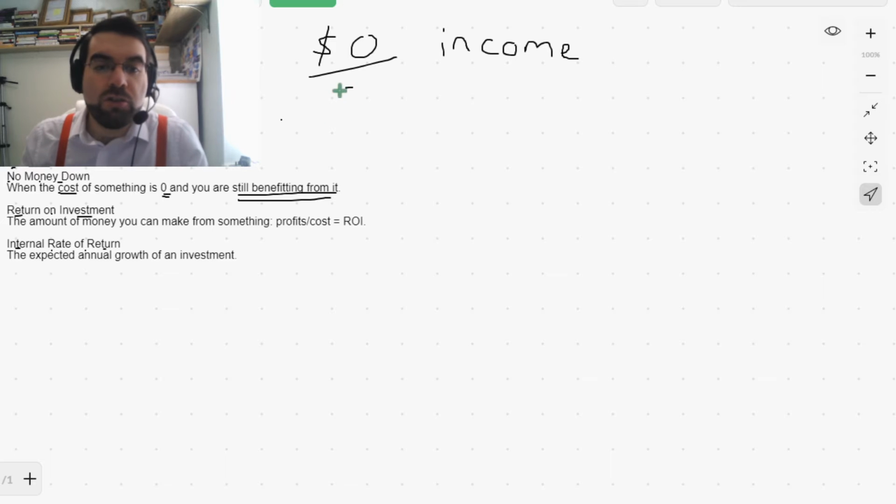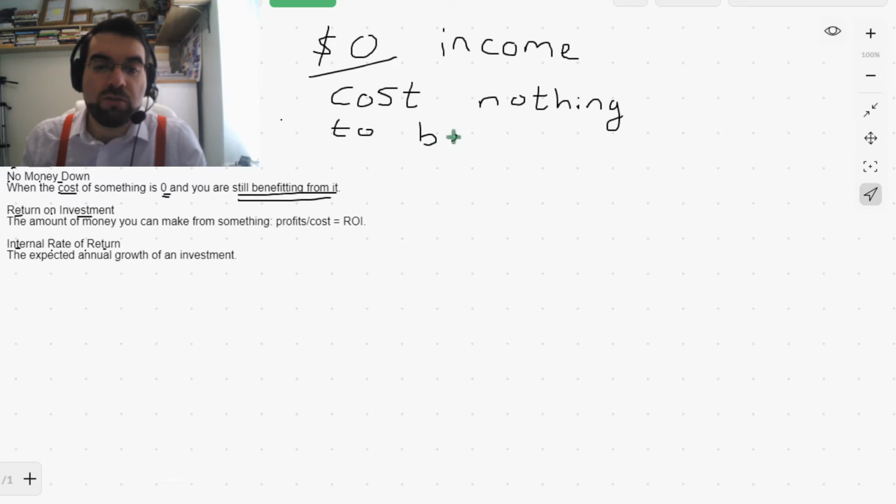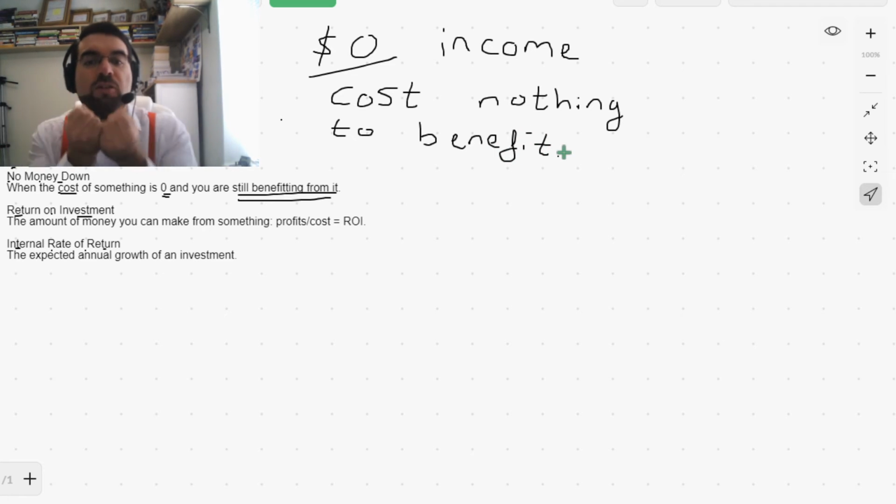It cost nothing to benefit, for example, to earn from this income. Cost nothing, and yet you're still making money from it.